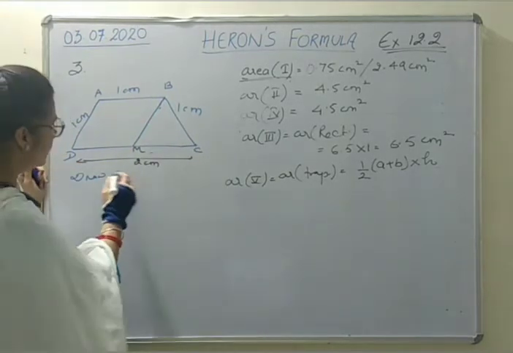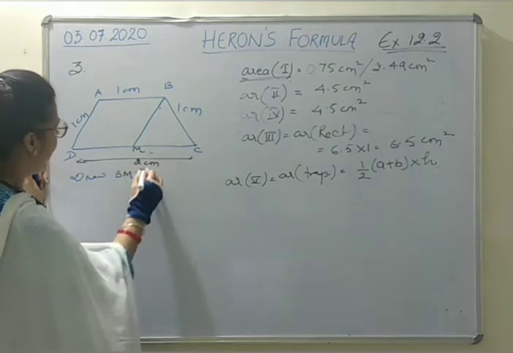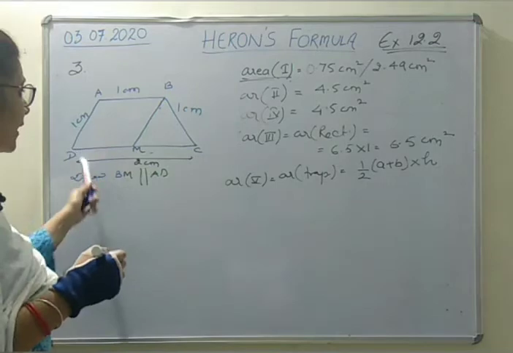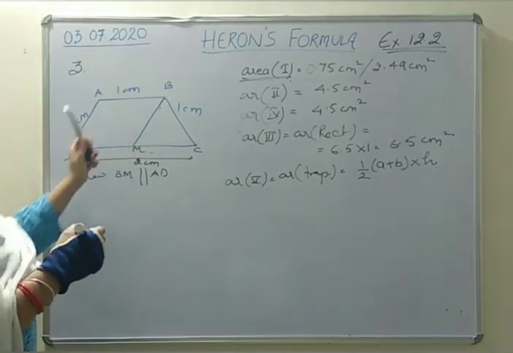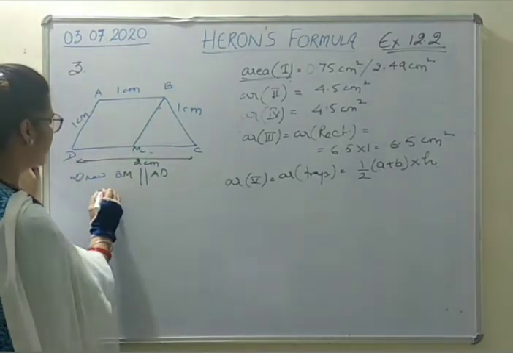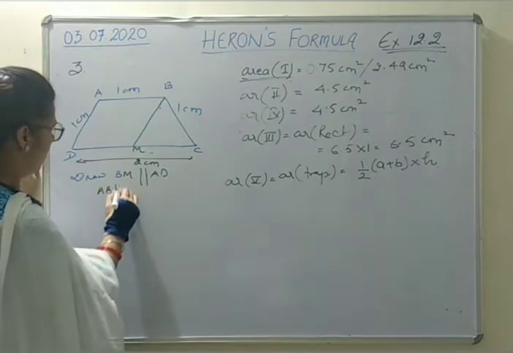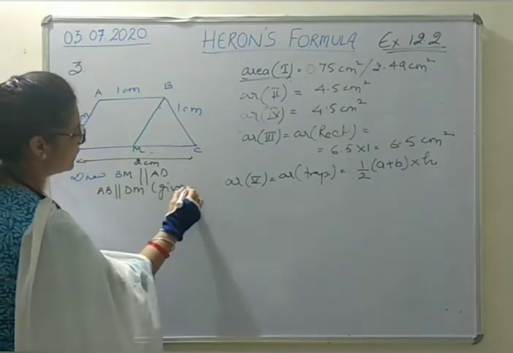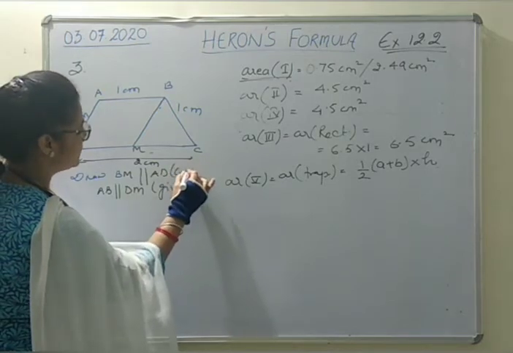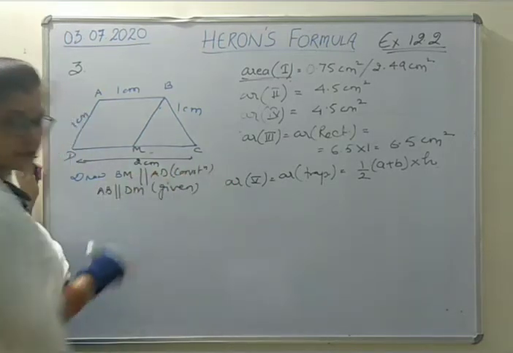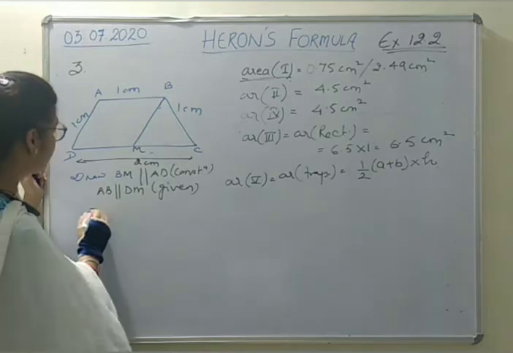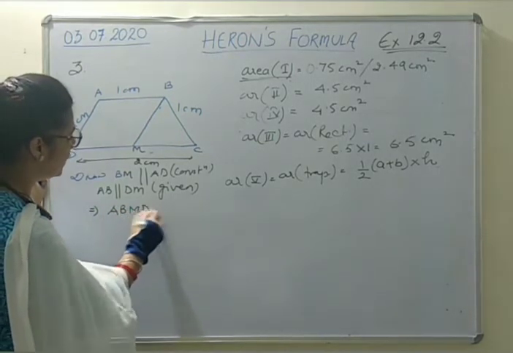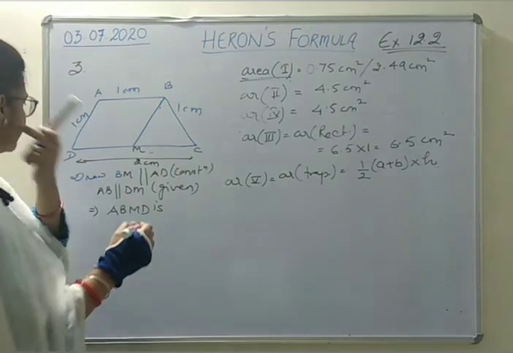So what have we drawn? BM parallel to AD. Now AB is parallel to DM. This is given, and this is the construction.